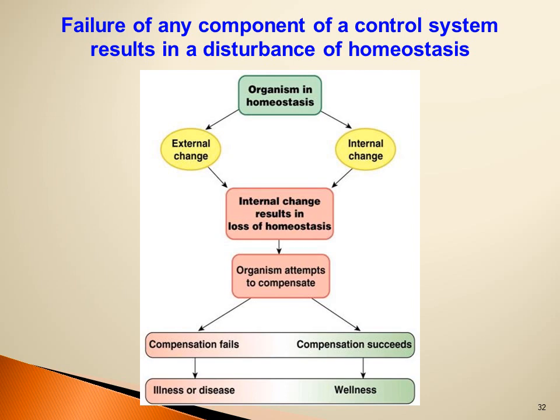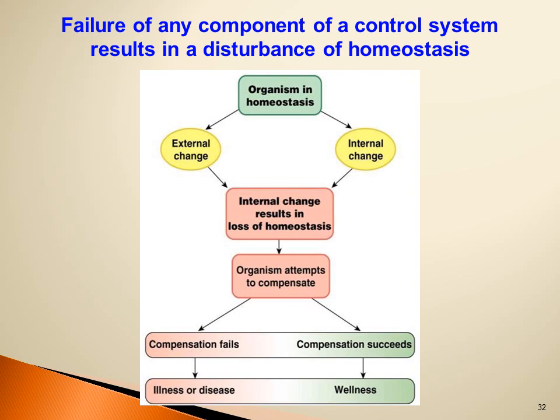So failure of any component of a control system can result in a disturbance of homeostasis. So we have organism in homeostasis, we have external changes in the external environment that keeps changing the internal environment. If a disorder or disease condition adds an internal change, so the organism now is put at more challenge, the internal change will result in loss of homeostasis.